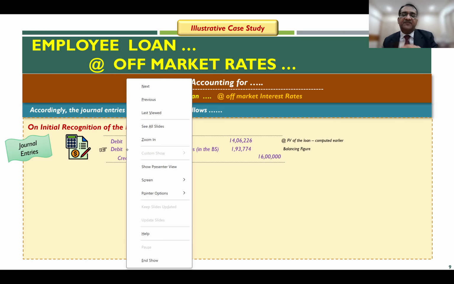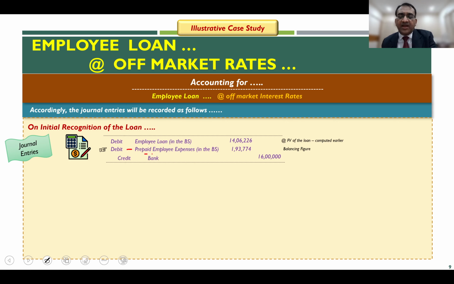The differential debit will be recorded and parked in prepaid employee expenses in the balance sheet. The difference of these two represents 193,774. Now, as I mentioned, this prepaid needs to be amortized over the tenure of the loan, which happens to be 5 years in this case. So we will see subsequent journal entries, how it gets recorded. So this is the journal entry on initial recognition.